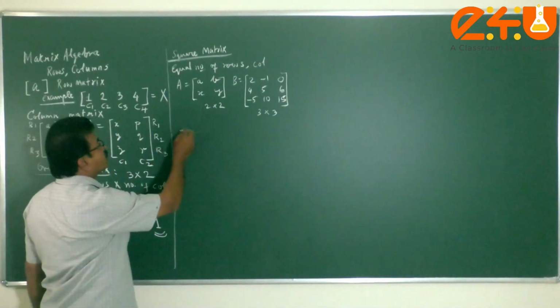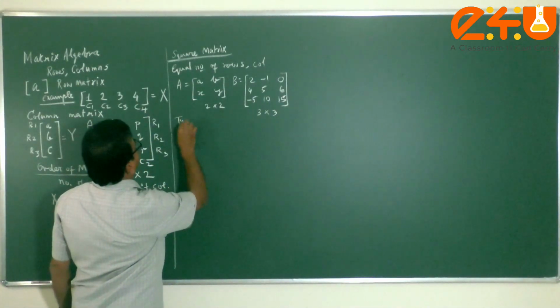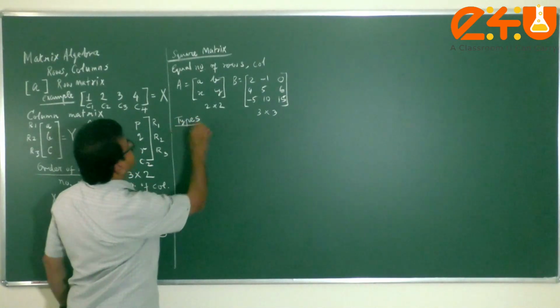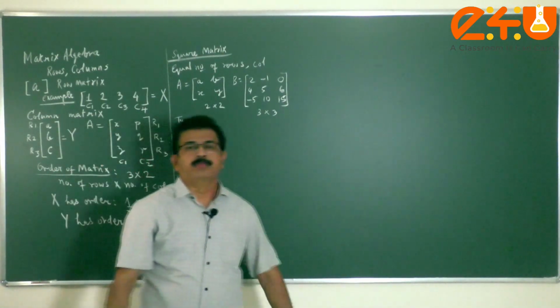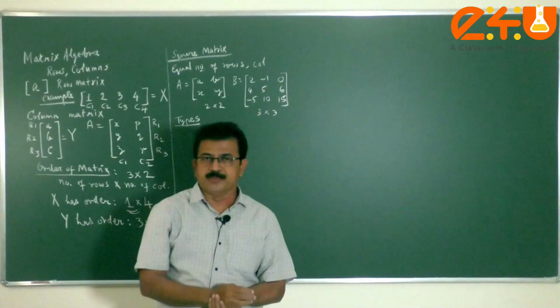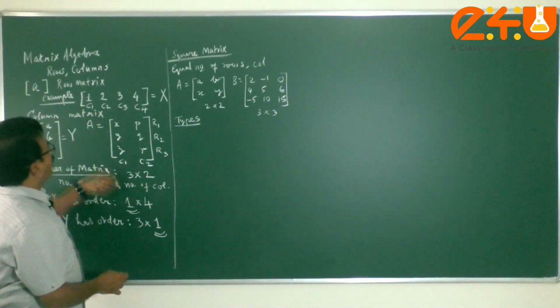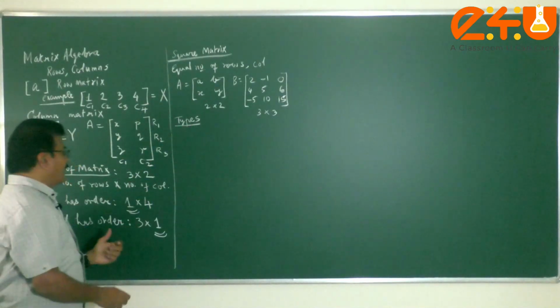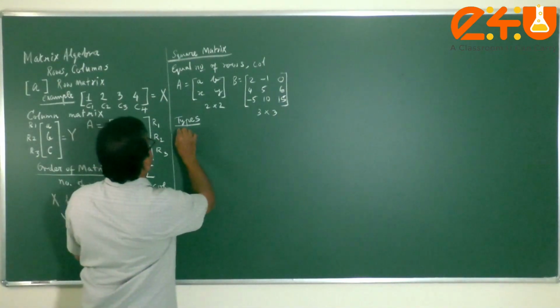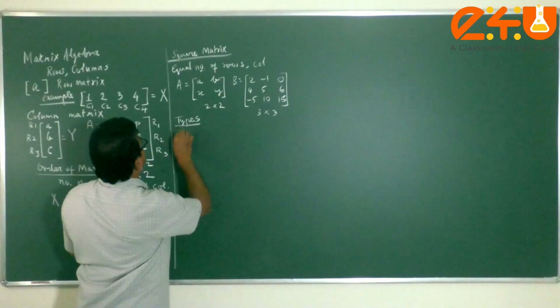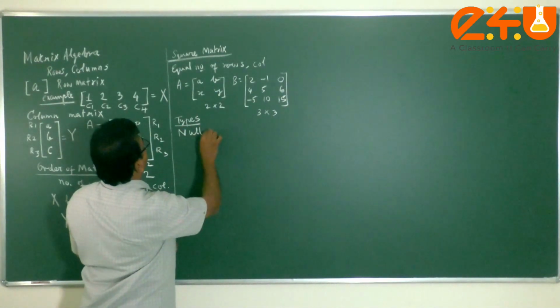Well, there are more types. So let us make a separate heading, types of matrices. Already we have seen the row, column, square and rectangular. The two other varieties are the very basic ones.